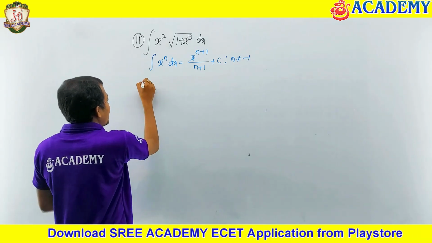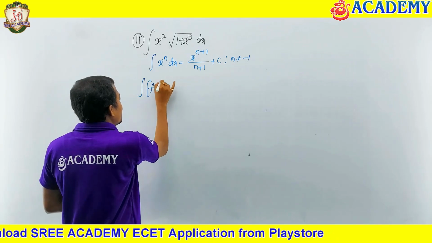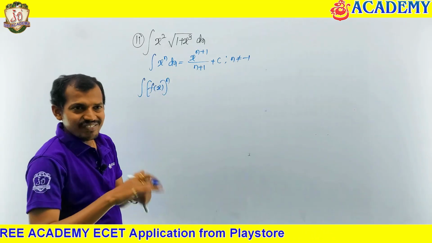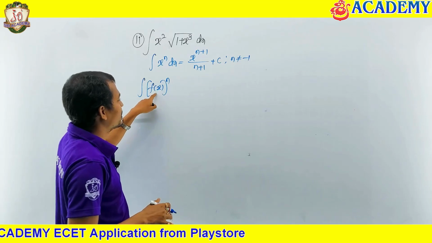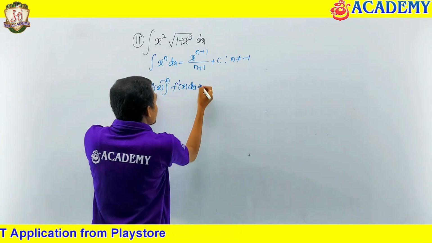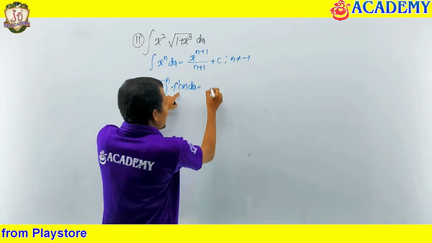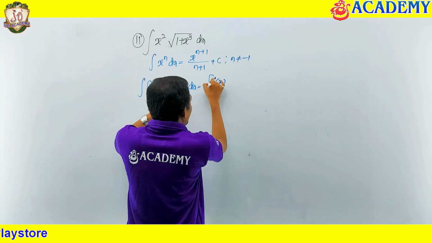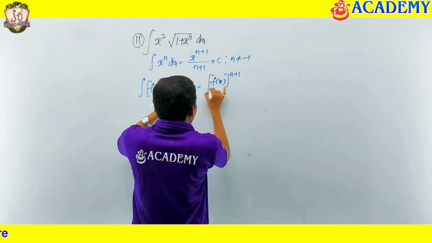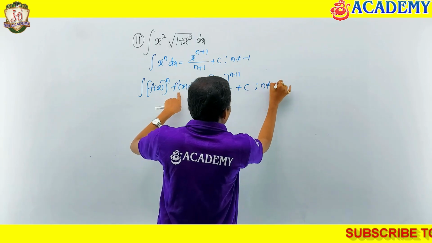I am modifying this: if I take a function in place of x, then the derivative is going to be present in your integrand. If f of x whole power n into f dash of x is there, we can write the answer as f of x whole power n plus 1 by n plus 1. Here also n is not equal to minus 1.